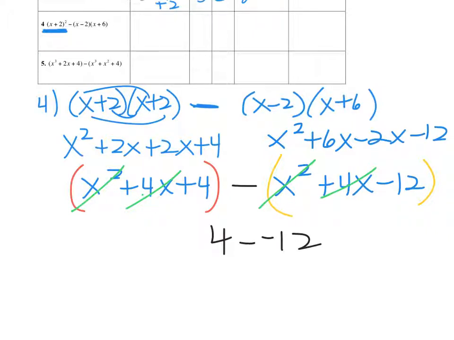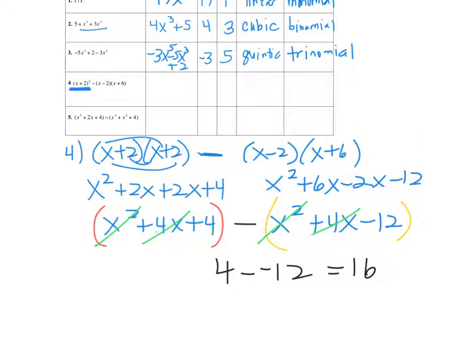What's 4 minus negative 12? 16. After all that, guess what? 16. Crazy, huh? Okay, so that polynomial is simply 16. And so the leading coefficient is 16.